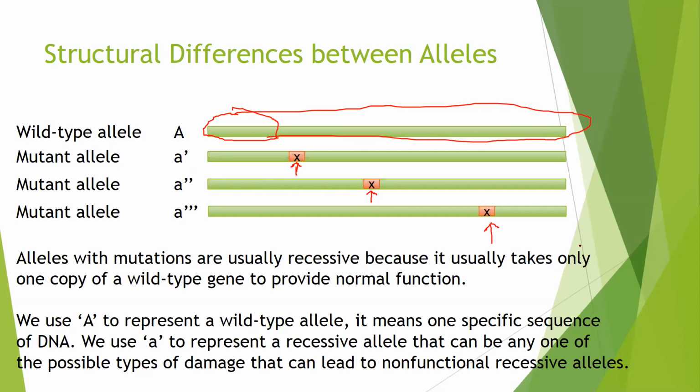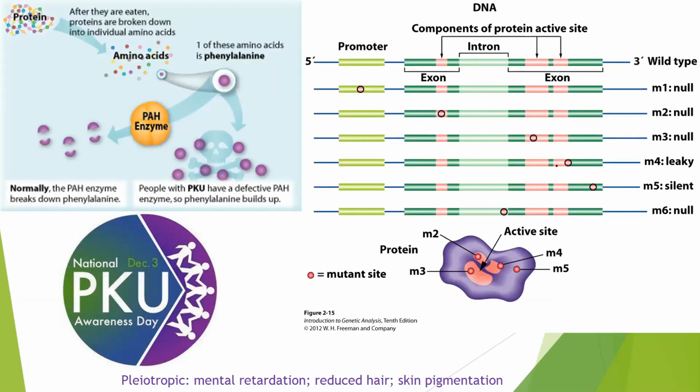So why is that? Let me give you a very typical example here. Can you see the full screen of my screen? Because I cannot see the full screen. All right. Okay, so this is a human disease called PKU, right?